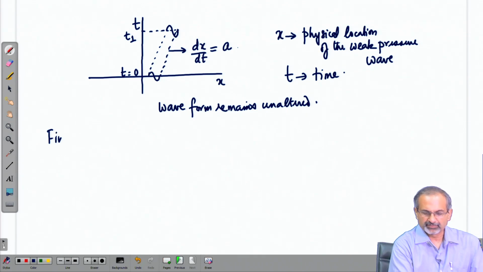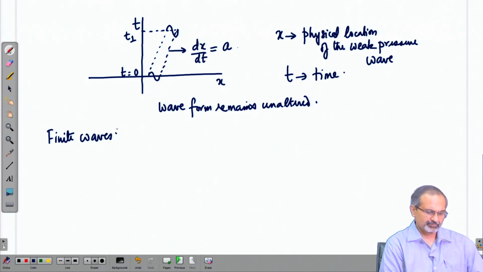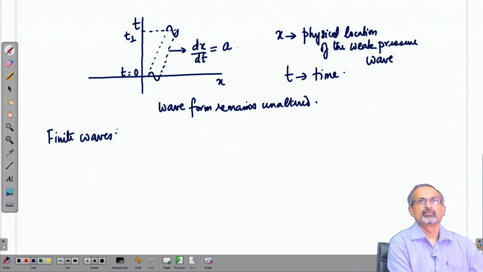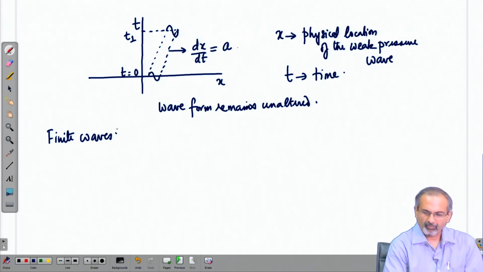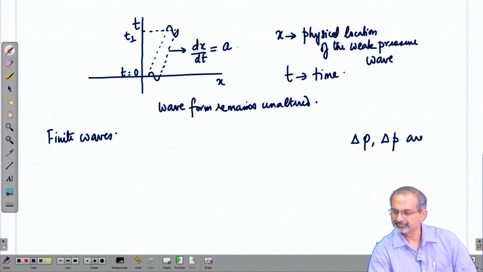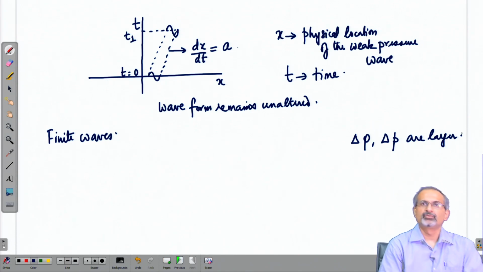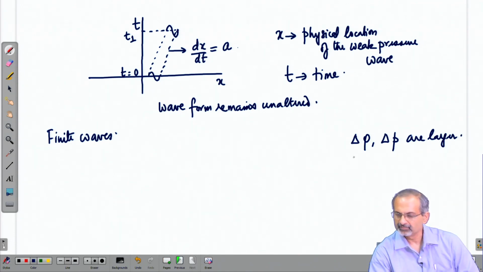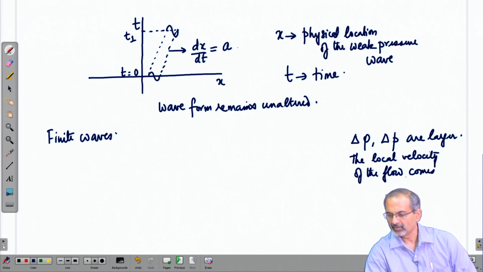In the case of finite waves, as we said, larger changes are produced, so the delta rho, delta p etcetera are larger, and now further the local velocity of the flow comes into the picture.